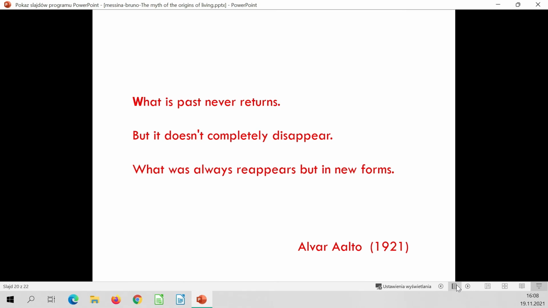In architecture, the myth of the origin refers to the idea of a cyclical time, of an eternal present in which, in the words of Alvar Aalto, what is past never returns, but it doesn't completely disappear. What was always reappears, but in new forms.